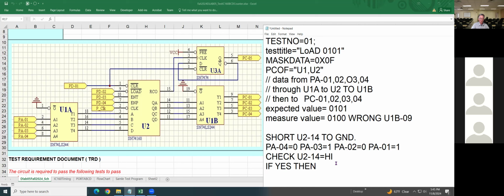That means correct. Then check U1B, that pin number 9, instead of 11, right? Equal high.